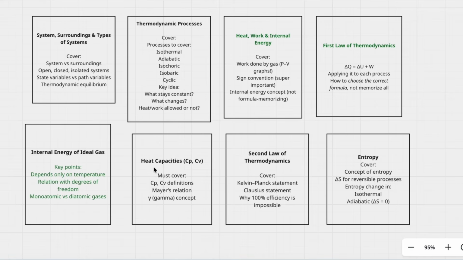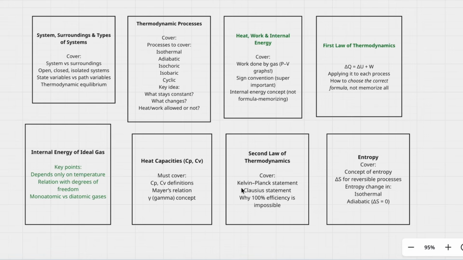Then coming to the heat capacities, you must know the definition of CP, and then Mayer's relation and the gamma concept. So yeah, this is another topic, and yes, questions are asked on this topic also. And then coming to the other one, the second law of thermodynamics. Mostly JEE Mains and JEE Advanced also ask questions on this.